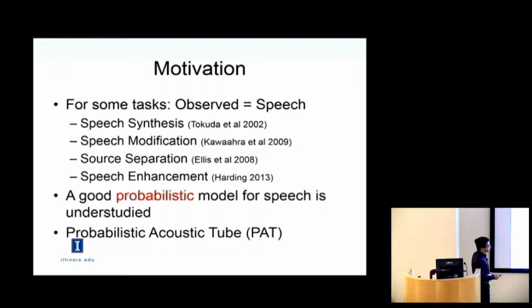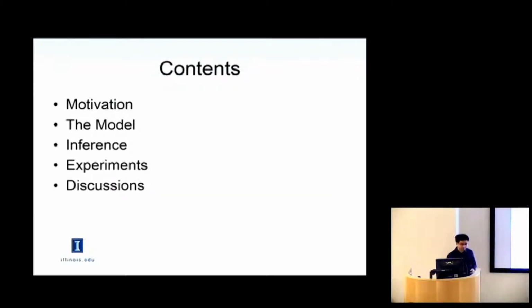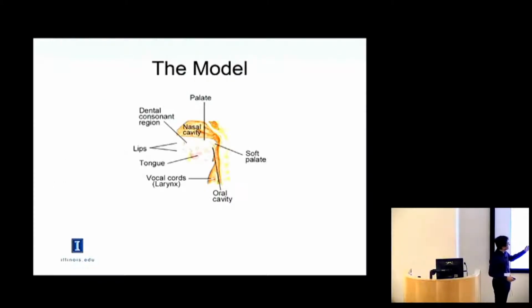Now, let's look at the model. We're talking about a generative model of speech, so it is definitely very useful to take a look at the physical production process of speech. Here is the human speech system.